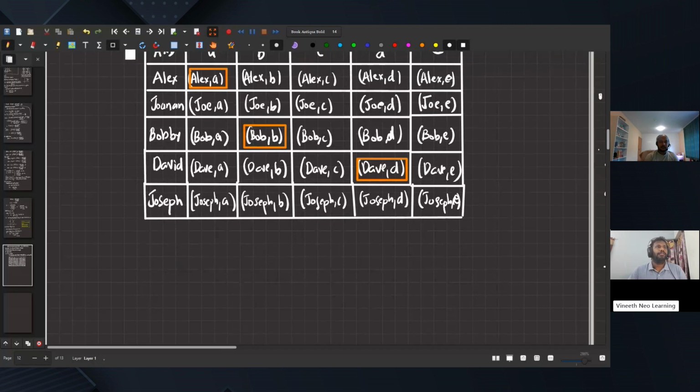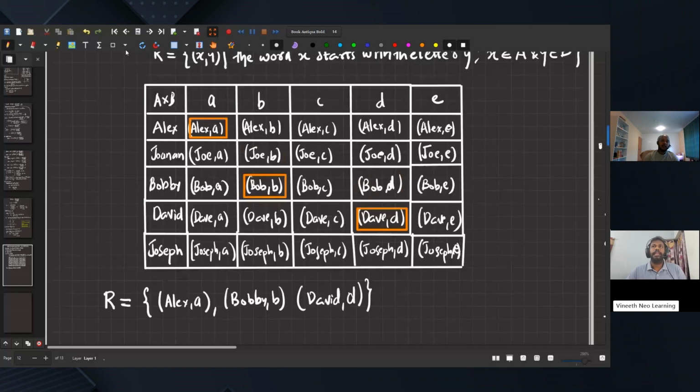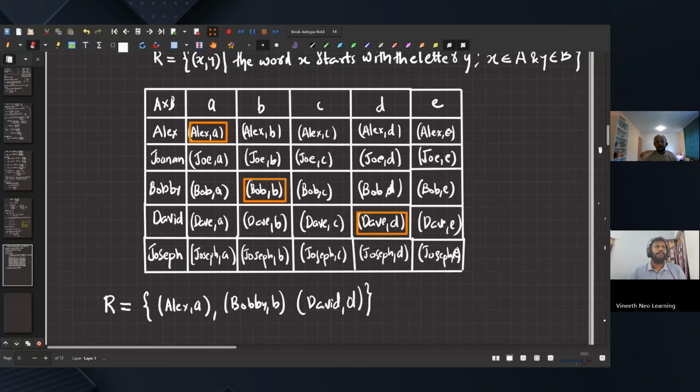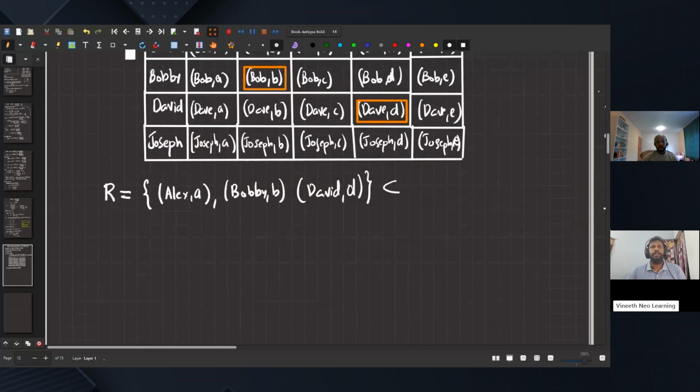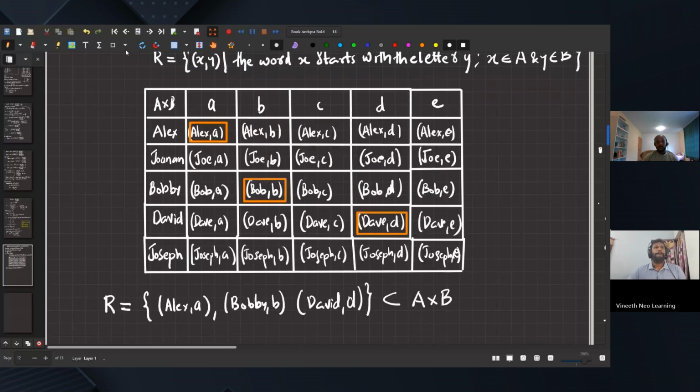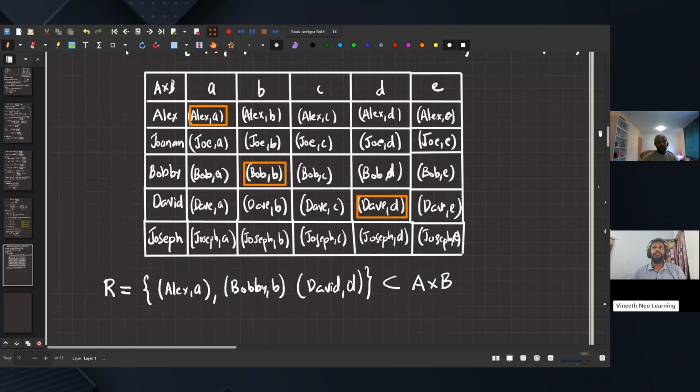Our relation is this set of ordered pairs: Alex comma A, Bob comma B, and David comma D. We can see that this is a subset of the entire Cartesian product, A cross B. This is what a relation actually is. It is a subset of a Cartesian product.